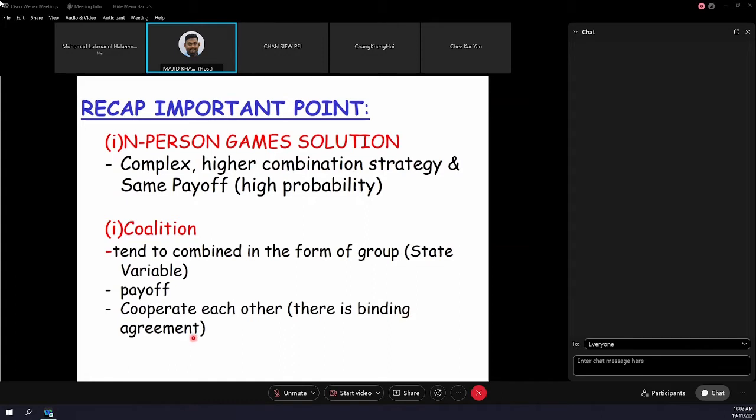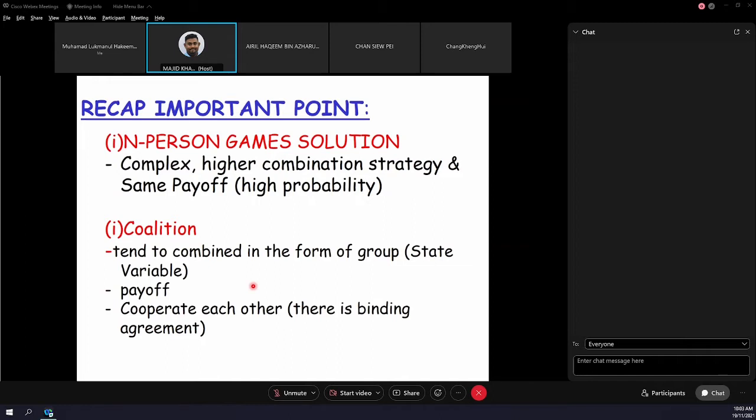Why do they want to do a binding agreement? Let's say you have 1,000 players, if 50 of them can do a binding agreement or form a coalition, at least they can start to win a game by eliminating the next 50 individual players. And this is the same concept of how they work in auctions.